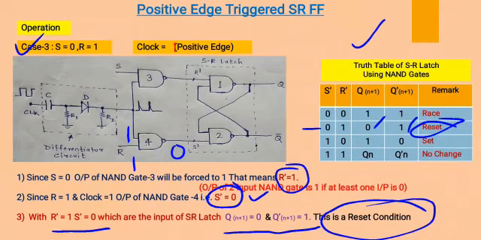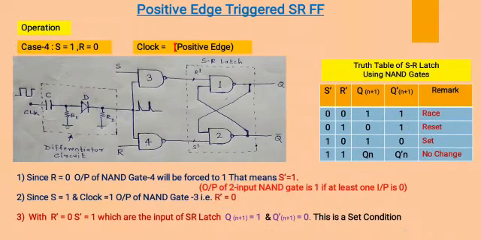Next we will see another case in which S is 1 and R is 0. Again the clock is a positive edge, which can be considered as a logic 1 level. So another input to NAND gate 3 will be 1 and to NAND gate 4 will be 1. Now as R is 0, the output of NAND gate 4 will be forced to 1.